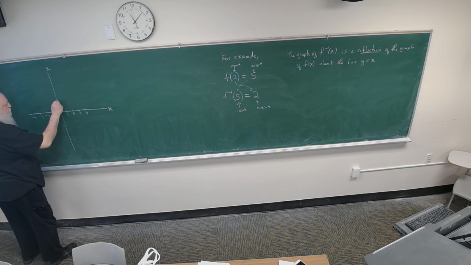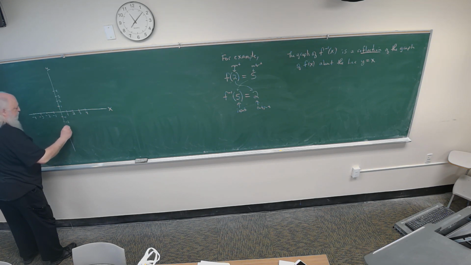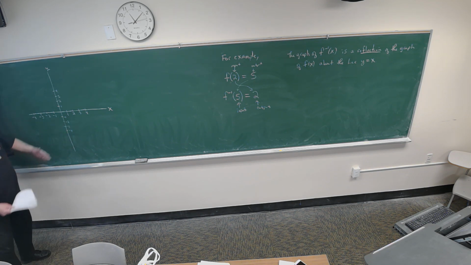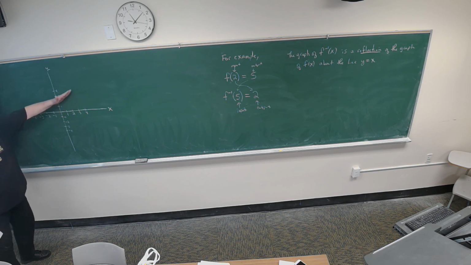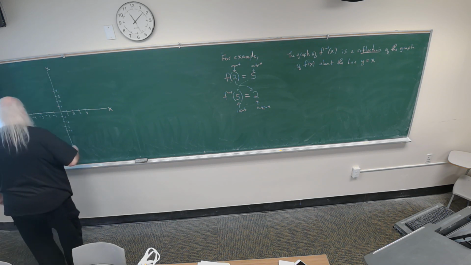Then y equals 1, 2, 3, 4, minus 1, minus 2, minus 3, minus 4. Now the line y equals x has a slope of 1, right? It goes right through the origin, and it bisects the first quadrant and the third quadrant. It makes a 45-degree angle with the x-axis.